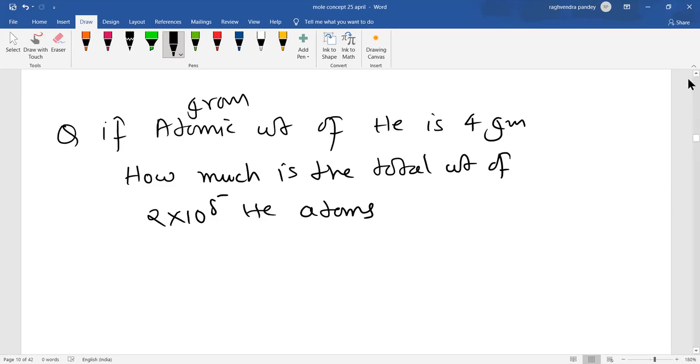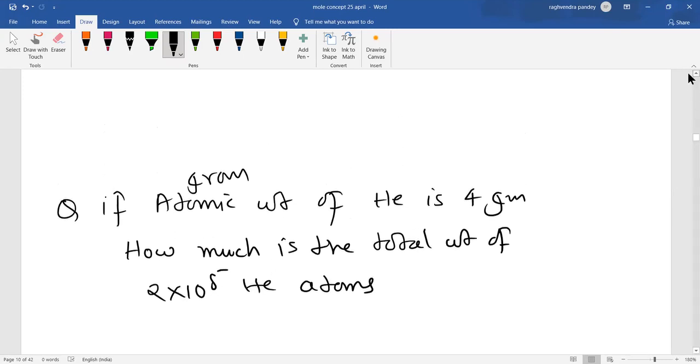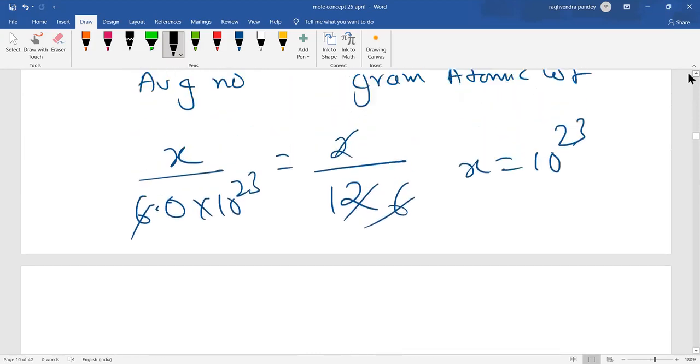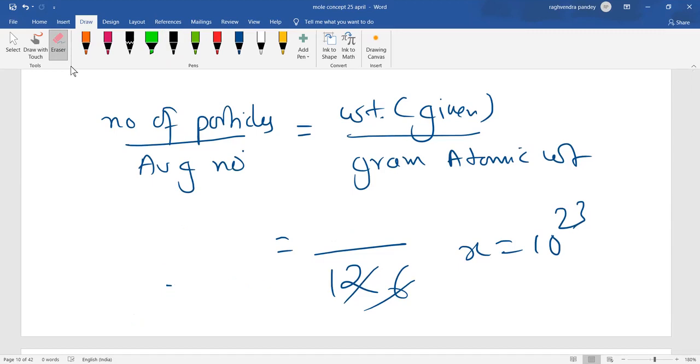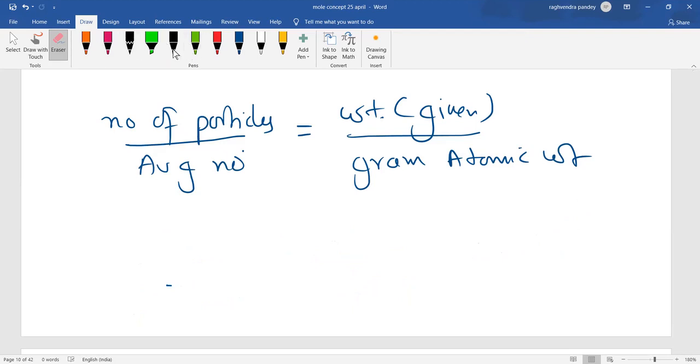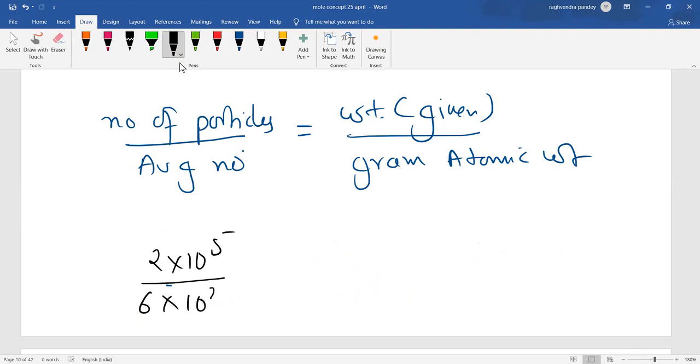Let's solve. So what is the formula here? I'm just solving it. Number of particles given is 2 into 10 to the power 5. Avogadro number is 6 into 10 to the power 23.